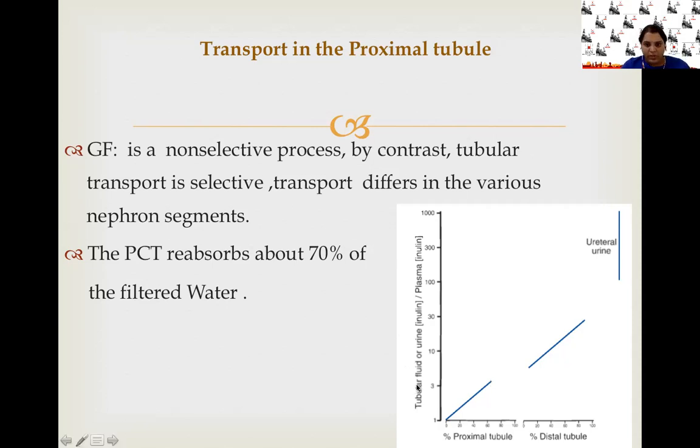Based on the tubular fluid concentrations of inulin in urine and the plasma, we can roughly determine the percentage of water reabsorbed. This is 70% by the end of the proximal tubule. Roughly 80% of water is reabsorbed by the end of the distal tubule, and close to 99% is reabsorbed by the end of the ureter.